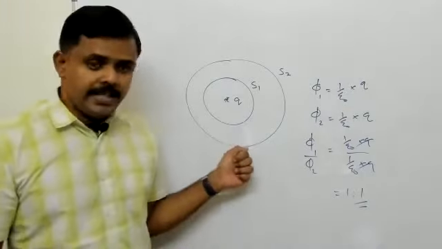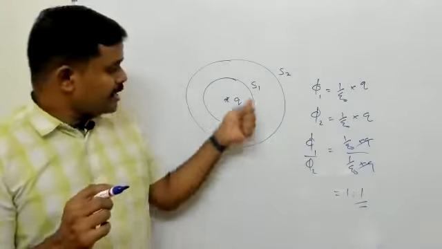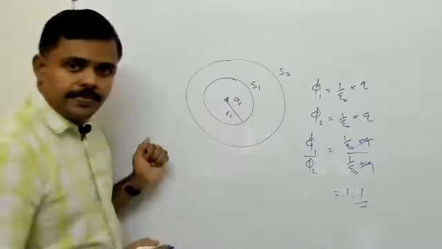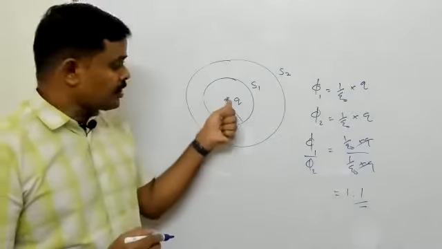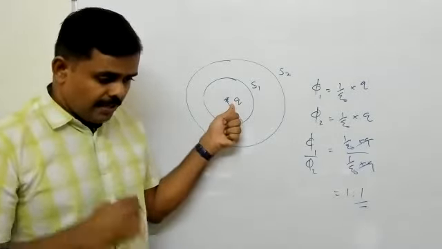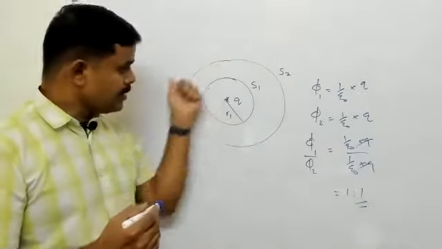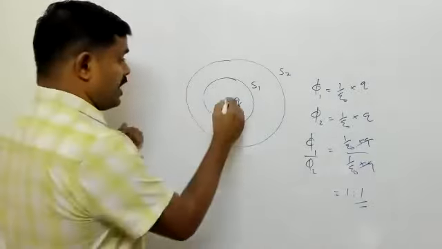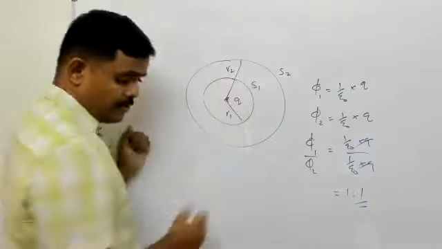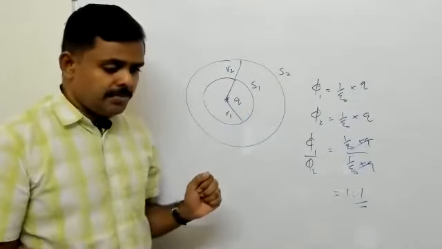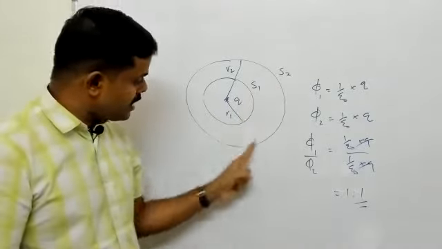Repeating one more time. There are two spheres. A sphere S1 of radius R1 encloses a charge Q. If there is another concentric sphere S2 of radius R2, and there be no additional charges between S1 and S2, there is no additional charge in this space.